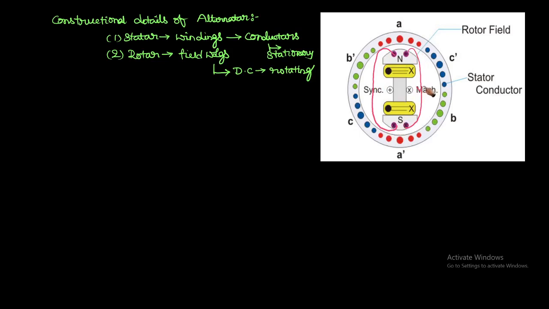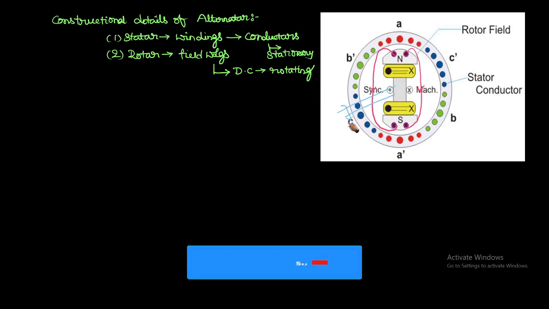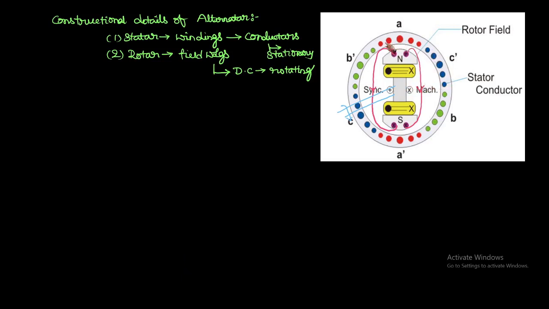Externally, we rotate the rotor with a source, and whenever we rotate it, the field also gets rotated. That is the operation of the alternator we have seen, and the conductors in the stator are stationary.